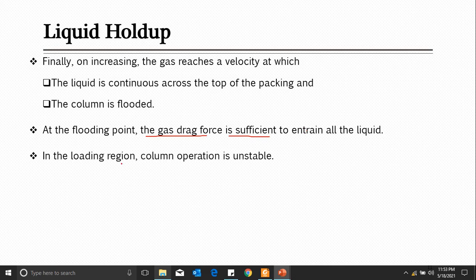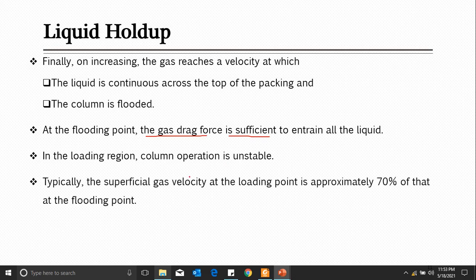In the loading region, as I already mentioned, at the loading point the column operation is already unstable, because the gas has started entraining the liquid and dragging the liquid towards the top of the column. The superficial velocity at the loading point for any given curve is approximately 70% of the flooding point.